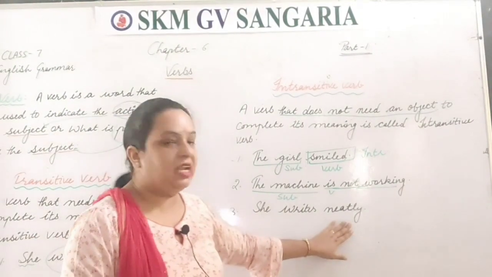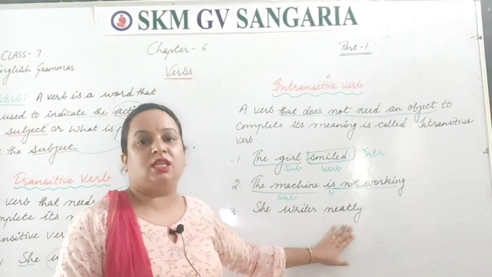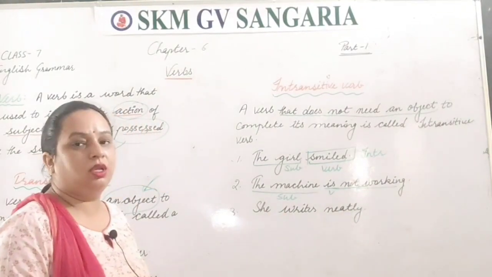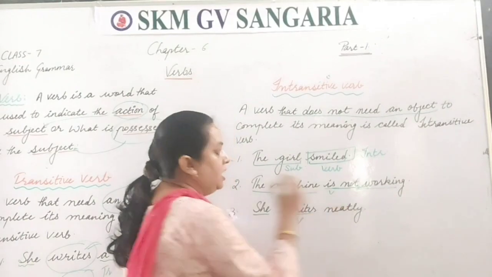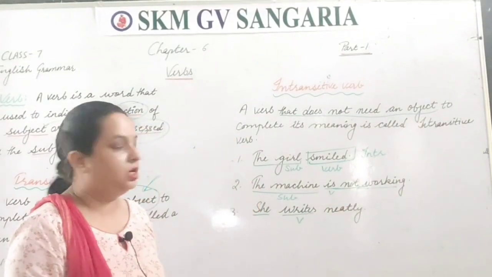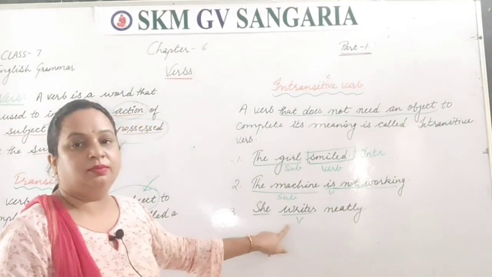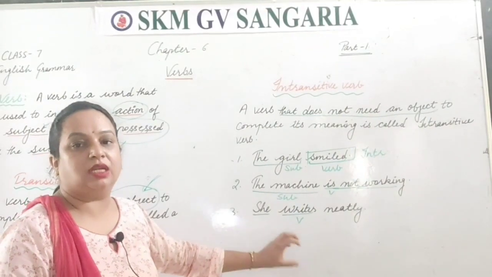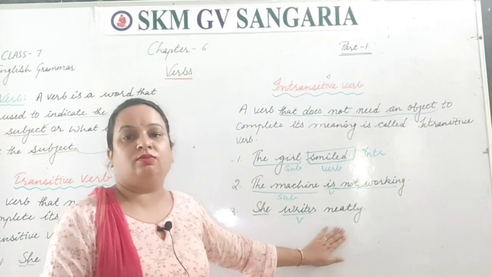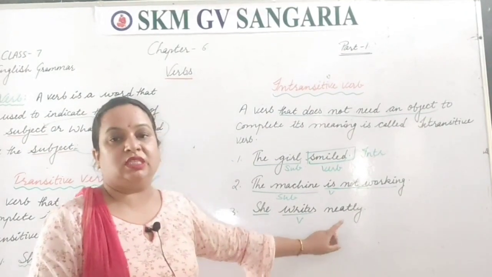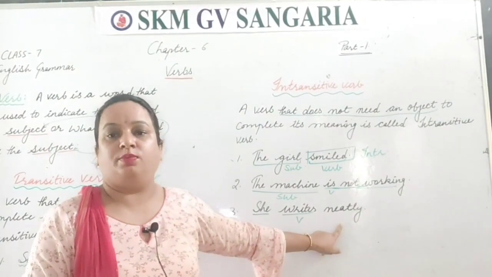She writes neatly. She is the subject, writes is the verb, and neatly is not an object. So writes becomes an intransitive verb here, because here also we cannot change it into passive voice, and moreover neatly is not an object.